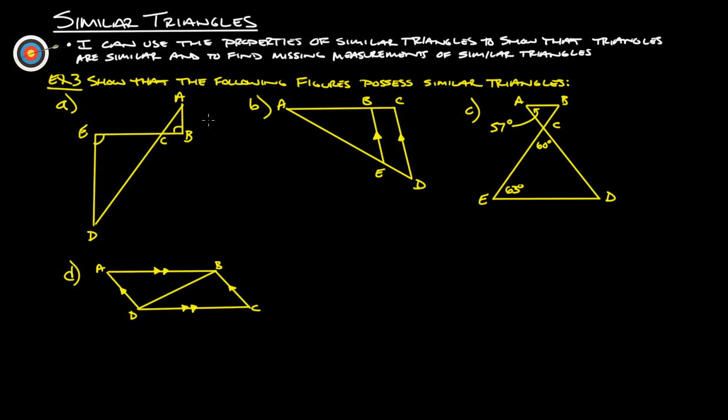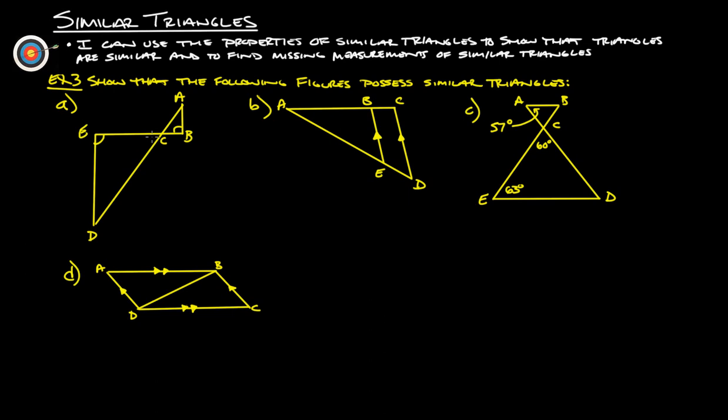All right, so we've got all these here. Remember, it's either show that all the angles are the same, or that all the sides are in the same ratio. If you'll notice right here, this angle and this angle are the same.